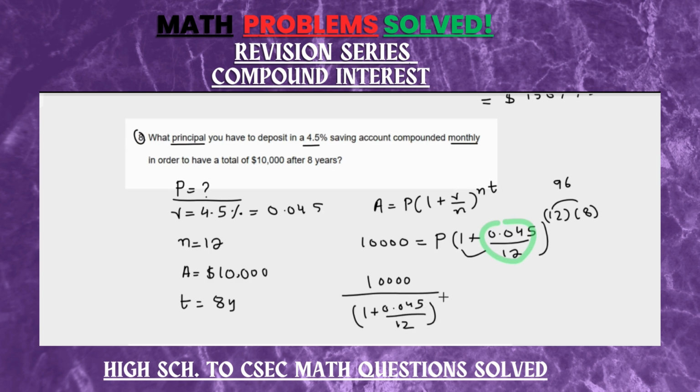Because these are simple steps, I'm just keeping this as the value of P. And what is P here? If you use a calculator to find all of them, you will get $6,981.46. So that's the way you have to find P.